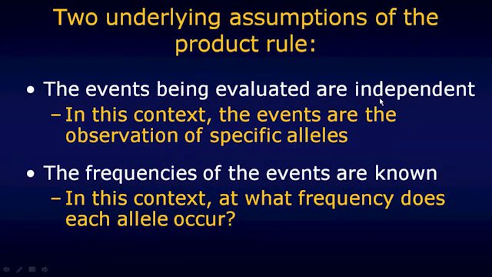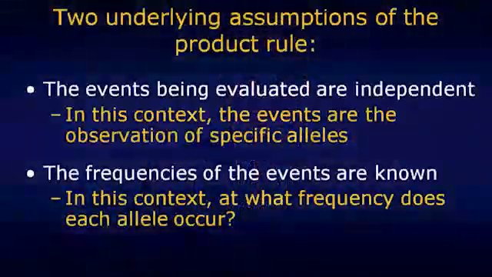Now let me put this to you plainly. What that means is that because we see the 12 allele at the D8 locus, we're not any more or less likely to see some other allele at that locus. In other words, just because you have a 12 doesn't mean you can't have a 14. Or just because you have a 12 doesn't mean you have to have a 15. They need to be independent.